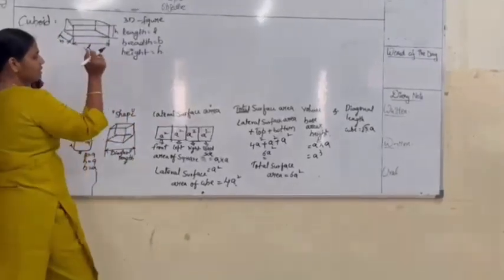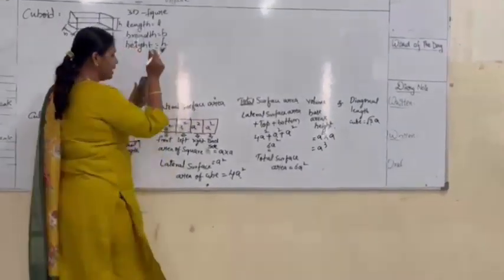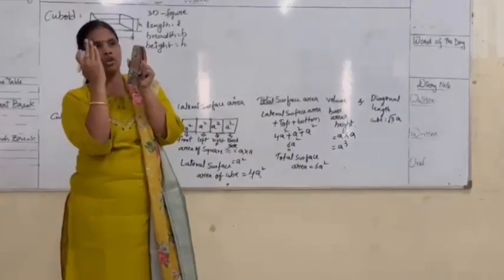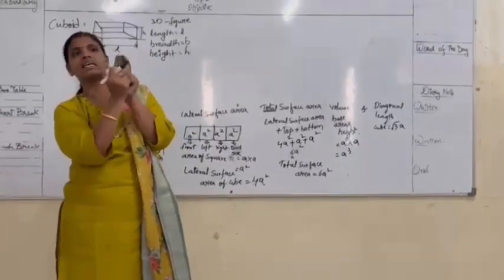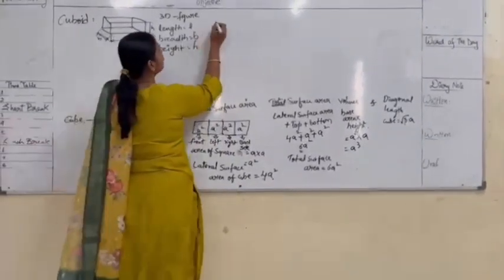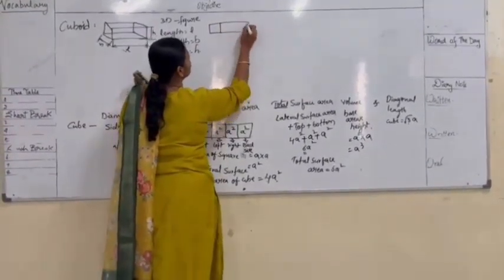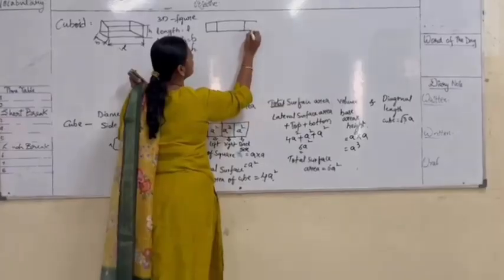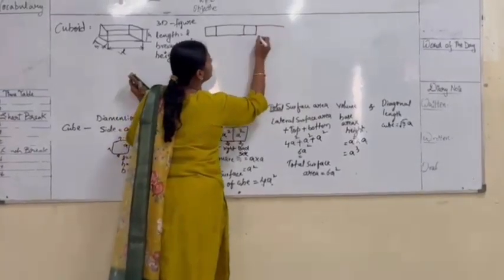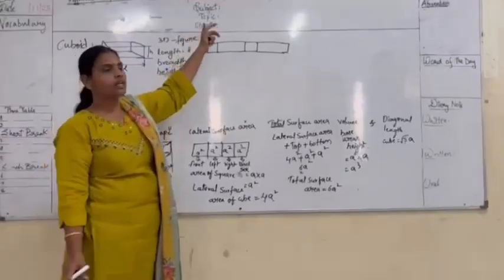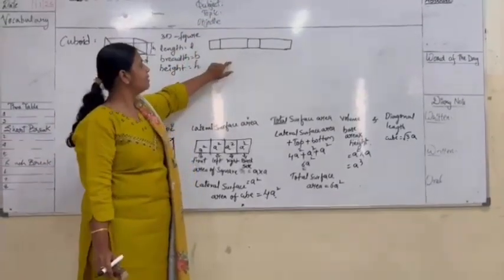square. Means while coming to lateral surface area, if I open this cuboid, any box with a cuboid shape, we can see the net diagram. It will be like one square, one rectangle, and another square, another rectangle. Lateral surface area means we need to leave top and bottom.